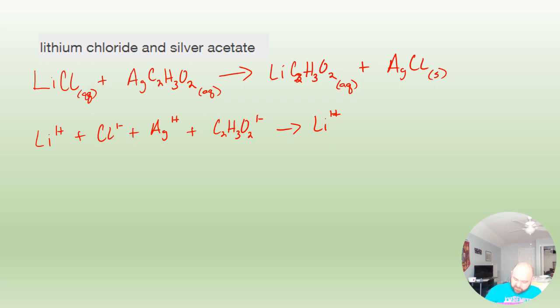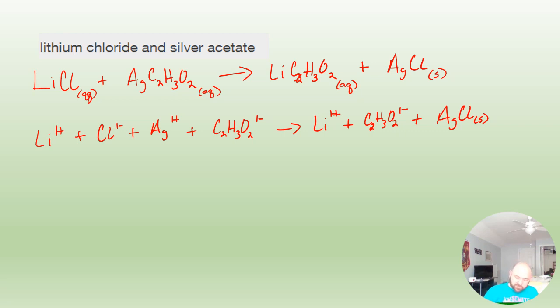We also have acetate ions because our lithium acetate is in solution. We don't have any silver or chlorine ions, however, because silver chloride is an insoluble precipitate solid. So now we have written our complete ionic equation.